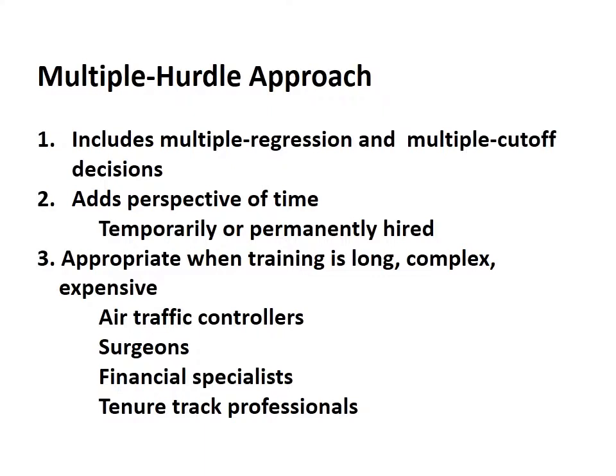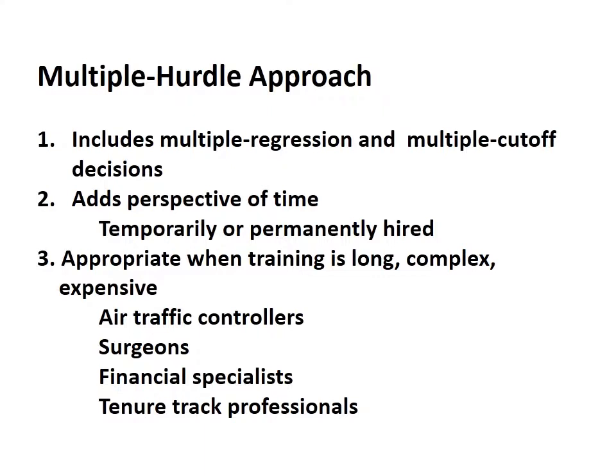So a lot of times, this is appropriate when the training is long, complex, and expensive. Basically, we want to set up a selection method to find out who is likely to succeed in the training process, but we also want to check to make sure the training process is resulting in someone that can do the job. Examples include air traffic controllers, surgeons, and tenure track professionals.